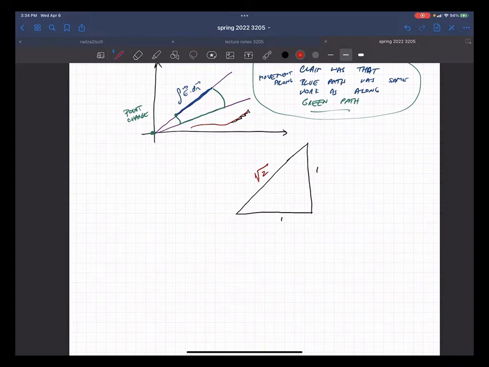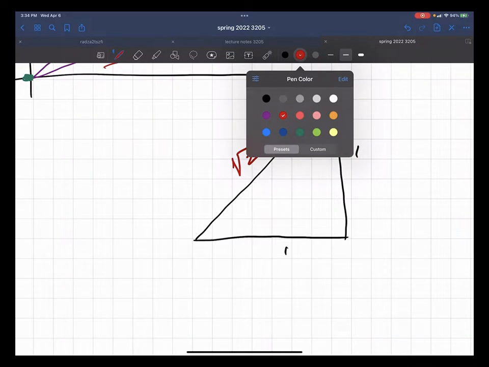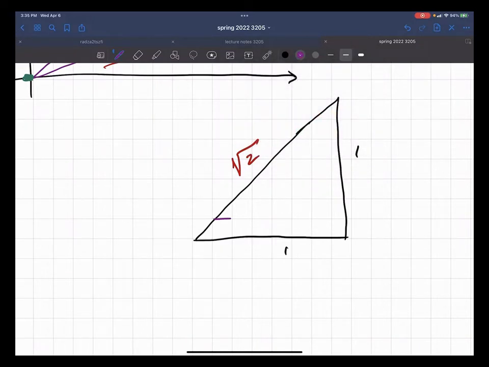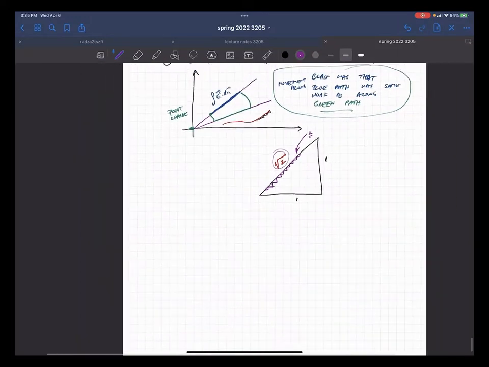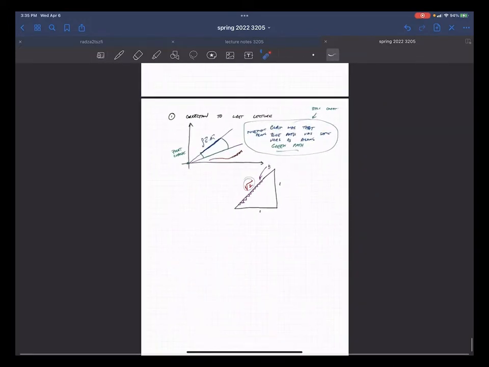Whereas if I divided this path into a bunch of little steps like that, you could show that the sum of the distance along those paths isn't really square root of 2, it is actually 2. It's easy to say that if you look at this from far away, they kind of look the same.